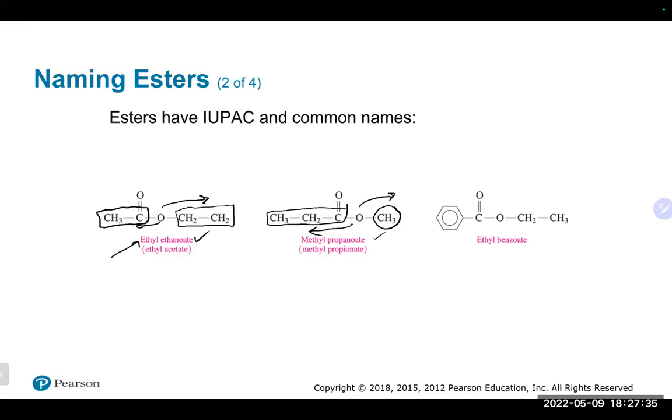Probably the easiest one might be the one with benzene involved. Going away from the double bond gives us the group from the alcohol, which is ethyl. Then this is benzene, and we drop the E and put -oate on it, and that's benzenoate. Any question on any of those names there? Okay.